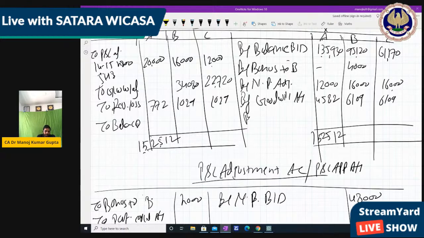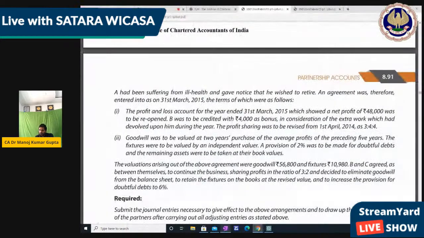You can take the total 135,930 plus 12,000 plus 4582, 152,512, minus 20,000 minus 772. That is 131,740. That should be transferred to loan, or we should pay what they say.